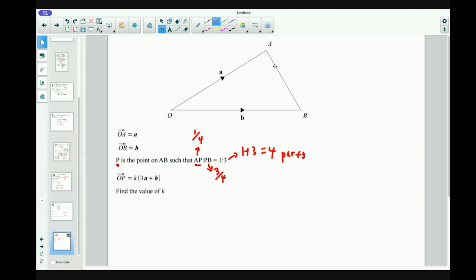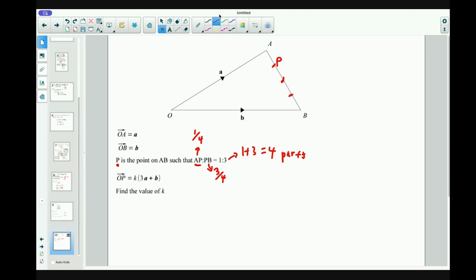Okay, so that means if I were to split this up into quarters, let's do that there. I could say that P is right here because 1/4, 2/4, 3/4, 4/4. I think my lines are a little wonky here, so I'll split that up a little bit better. So 1/4, 2/4, and then 3/4.